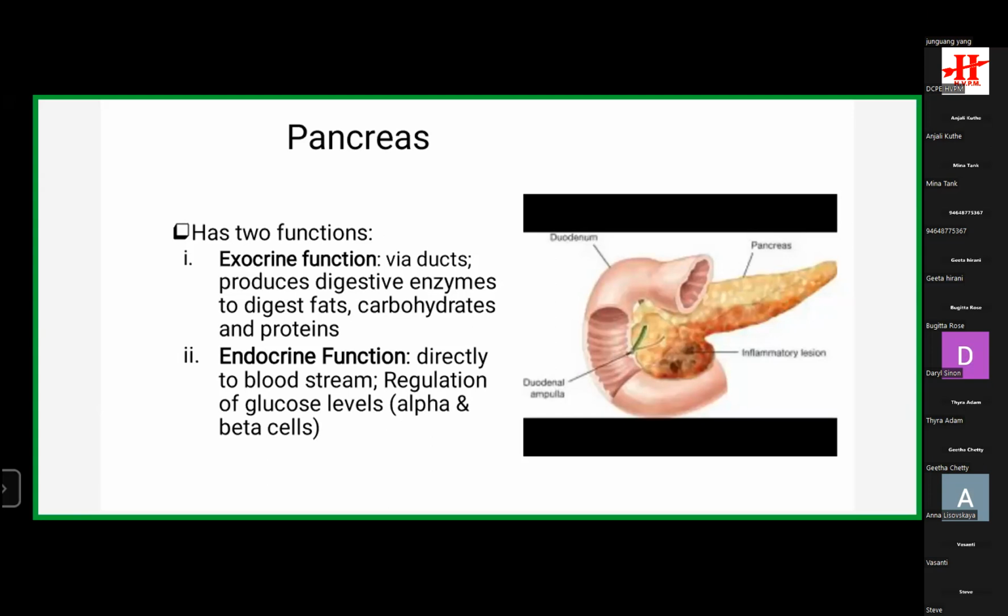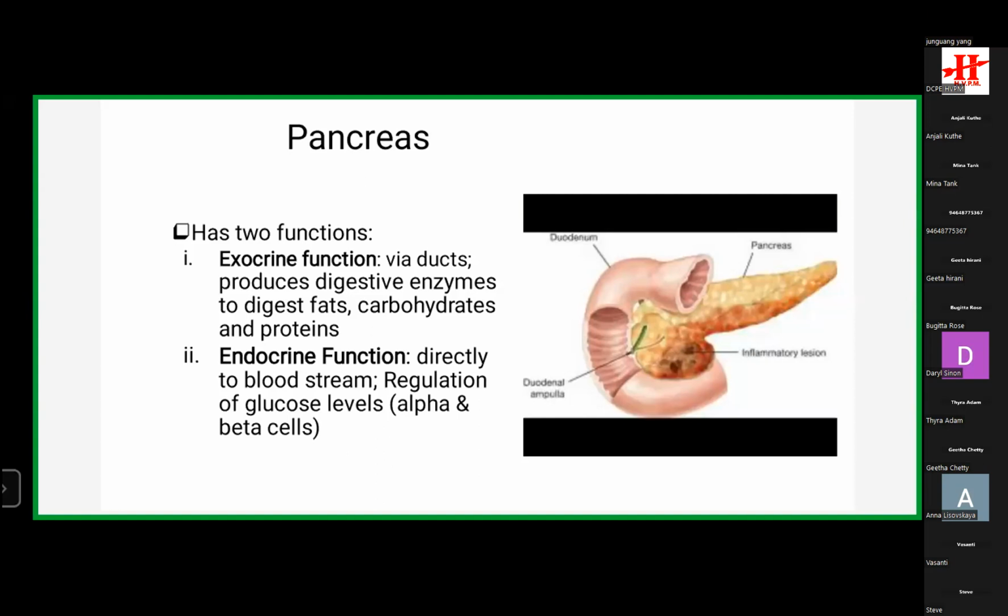Protein, carbohydrates, and fats are the macronutrients required in large quantities as compared to micronutrients like vitamins and minerals. These pancreatic enzymes contain amylase, lipase, trypsin, chymotrypsin. These are enzymes which act on carbohydrate, fat, and protein.